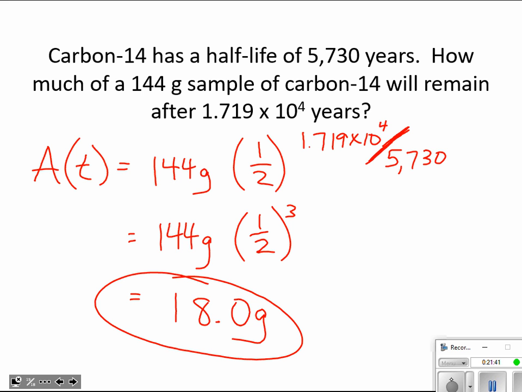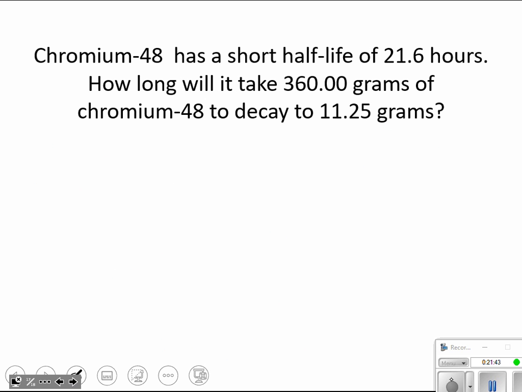Here is our next example we're going to work. So go ahead and write this one down. Chromium-48 has a short half-life of 21.6 hours. How long will it take 360 grams of chromium-48 to decay to 11.25 grams?